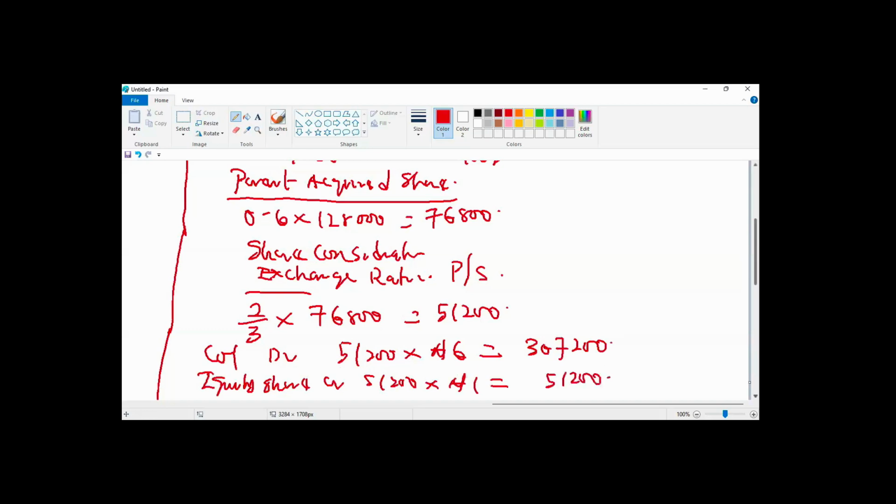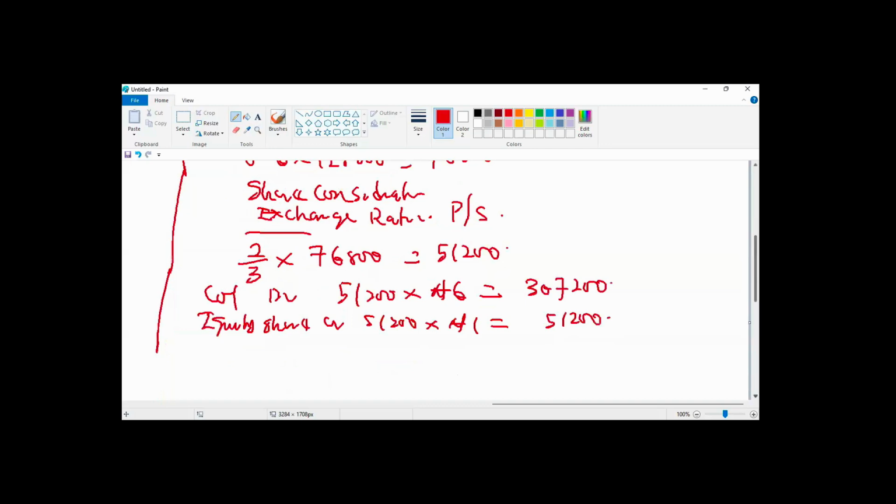Has it created a premium? Yes. Who has the premium? Parent. Premium to be credited. We say 6 naira minus 1 naira times 51,200. Don't forget it is 2 credits against 1 debit. What else? 256,000.